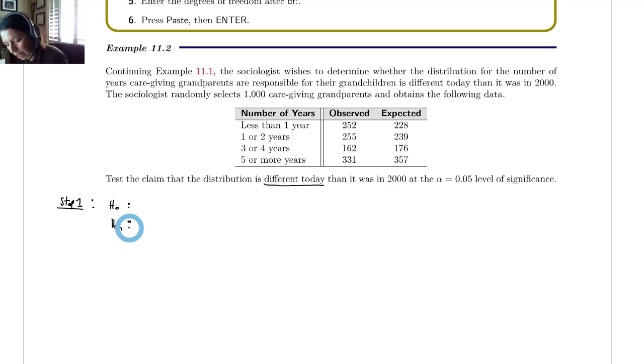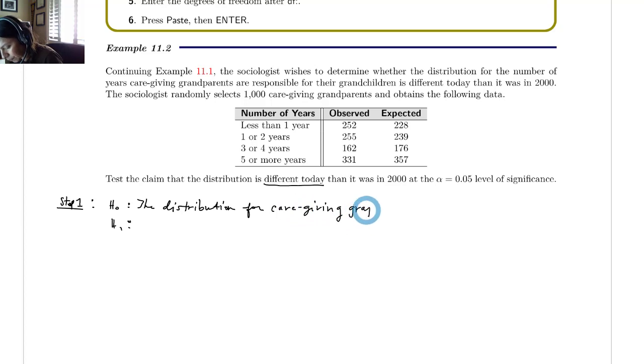We'll just say that the distribution for caregiving grandparents is the same today as it was in 2000.